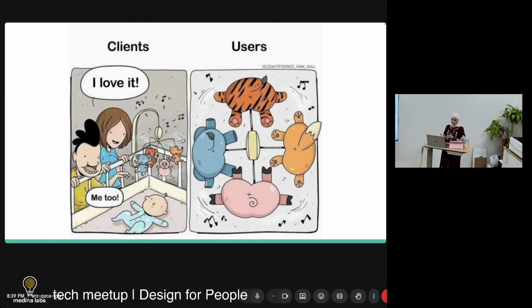They think it's a cool product, with cute animal faces, but they did not think from the baby's perspective. What the babies can see is not cute animal faces. So you have to think about this when you design, about who is using that product. Not your client, your stakeholder. Yes, you have to keep everyone in mind, but think about users first.